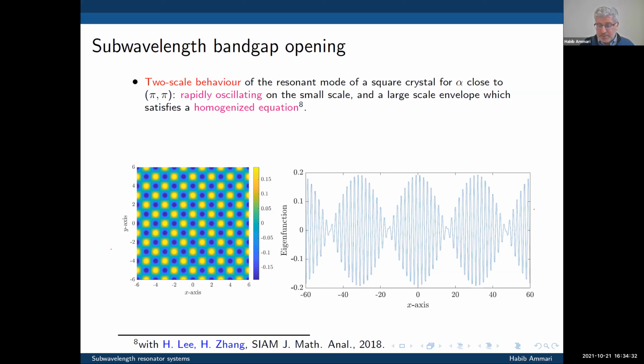I will show you this later. Okay, sounds good. So this is the envelope, and this is a high frequency oscillation. So the eigenmode is the product of some envelope with a highly oscillating function.